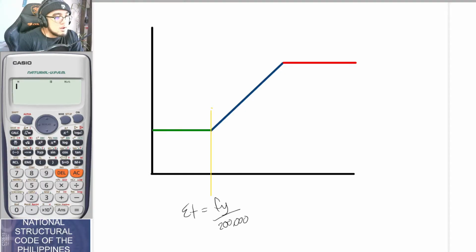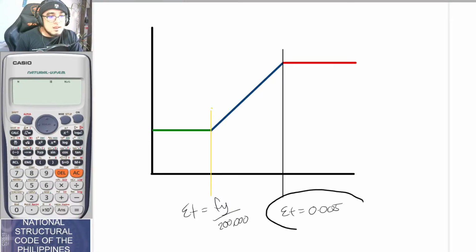And at this particular point, the strain here should be 0.005. So that's it. And so with that, guys, if your strain is 0.005 and above, it means that your phi is to be 0.9 because we are in the tension controlled region.